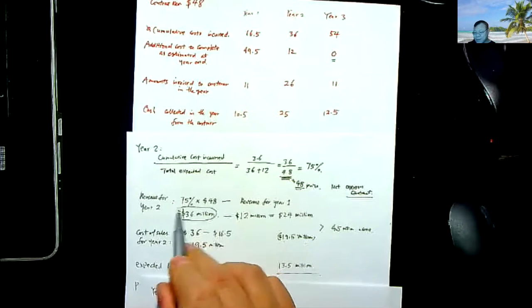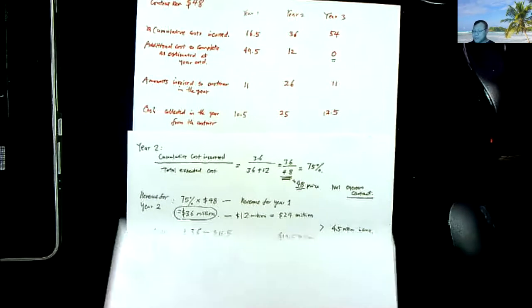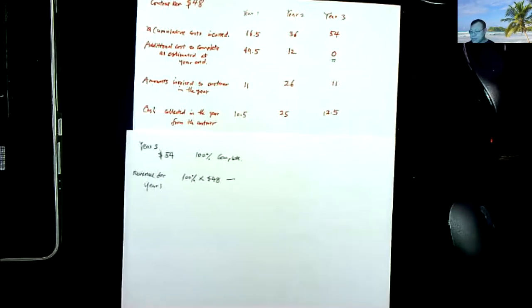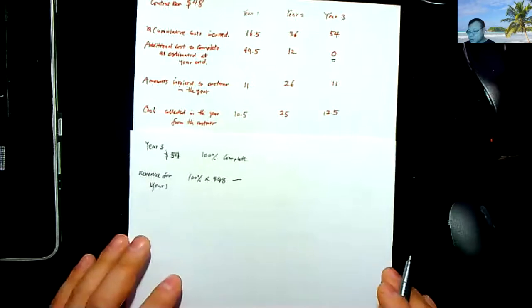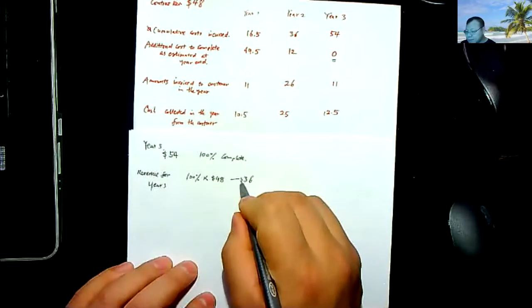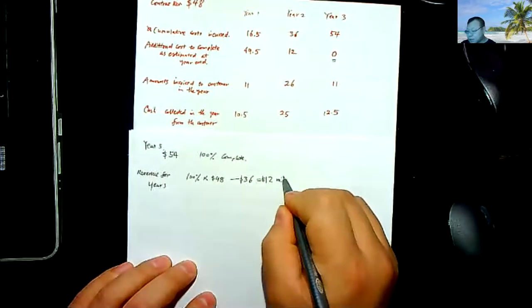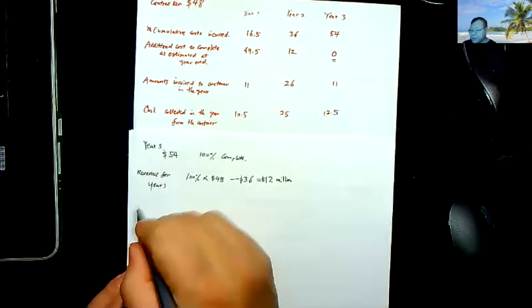That's how much cumulative revenue we recognized by the end of year two. So now minus 36 million equals 12 million. That's how much revenue we have for year three.